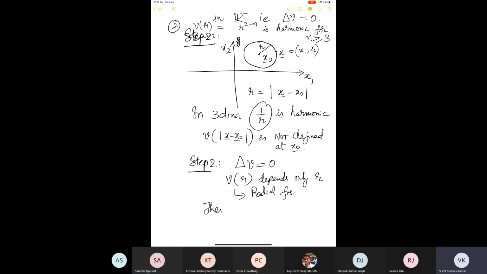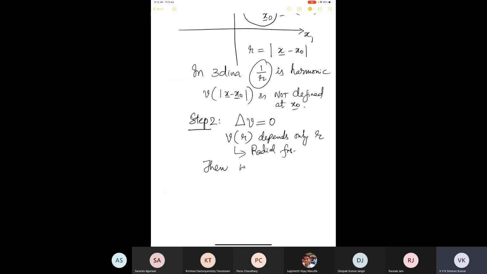Then what is the Laplace operator? How does the Laplace equation reduce? What is the Laplacian of u? We have seen that yesterday.